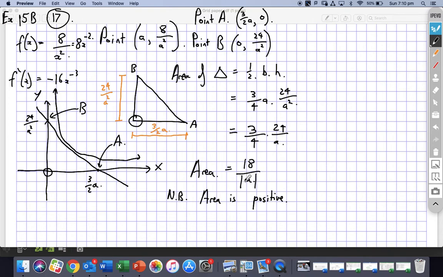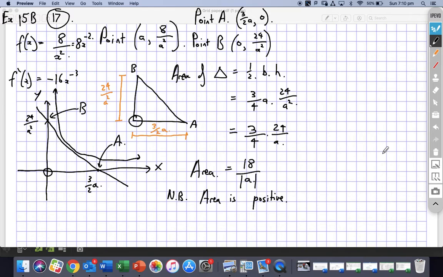Using these modulus symbols, I could say that a needs to be a positive number, because I could have thought about a tangent for an a value that was negative. I would have been over here in quadrant 2 drawing the triangle that way, but the area of that triangle would still have been a positive number. Sorry, I just dropped my book.